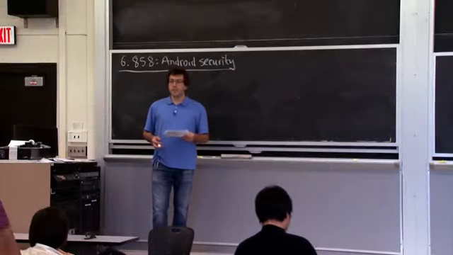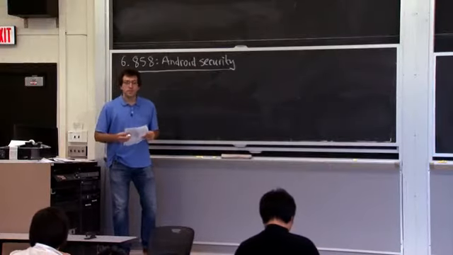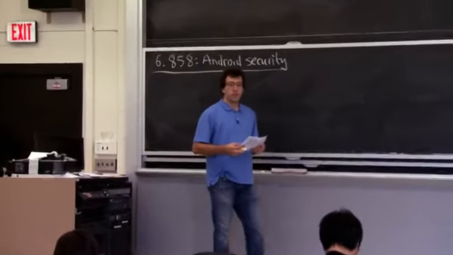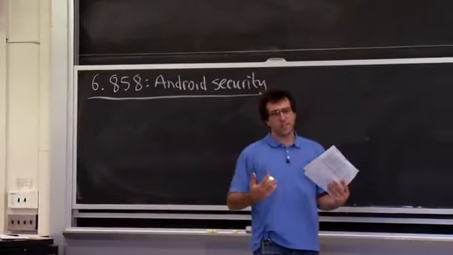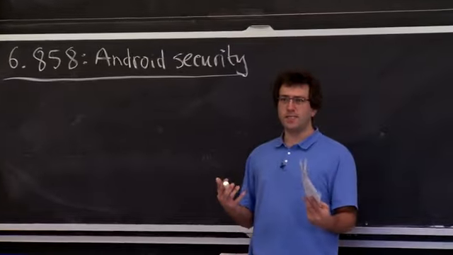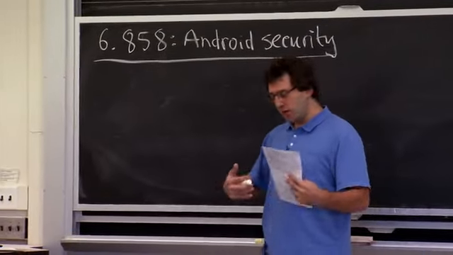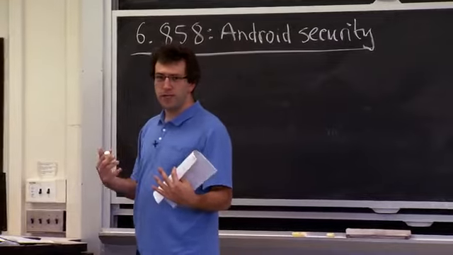All right, let's get started. So today we're going to talk about Android security, which you can think of as an interesting case study of a system that was designed with quite a bit of attention paid to security in the first place.